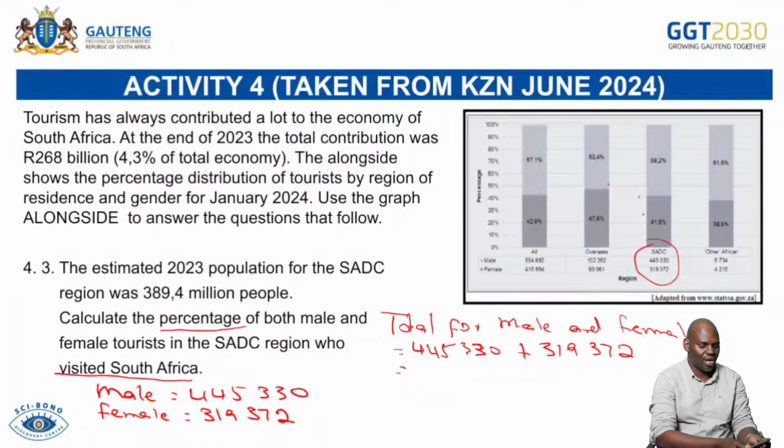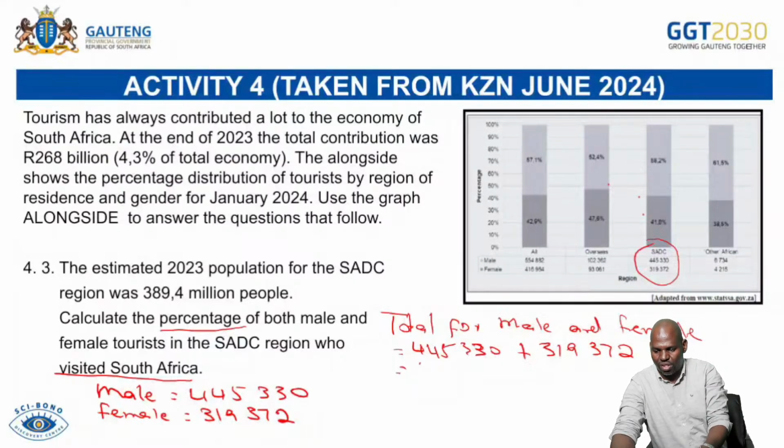The total there, if you take your calculator, let's see, 445,330 plus 319,372. This gives me a total of 764,702.